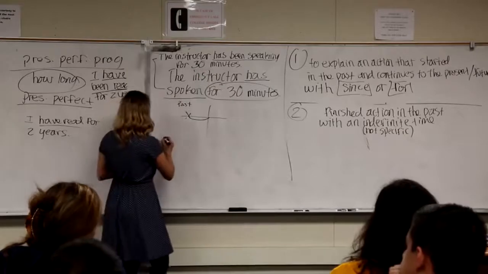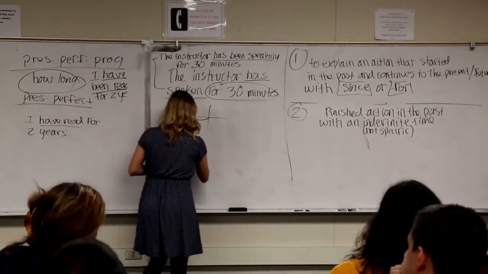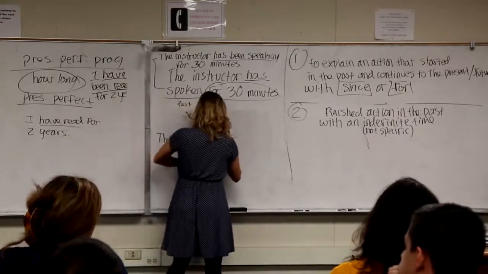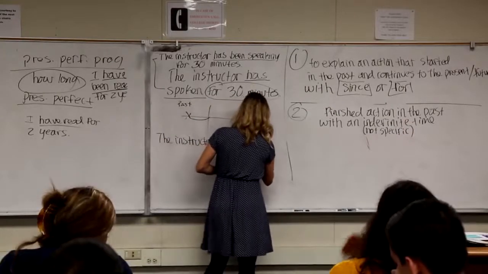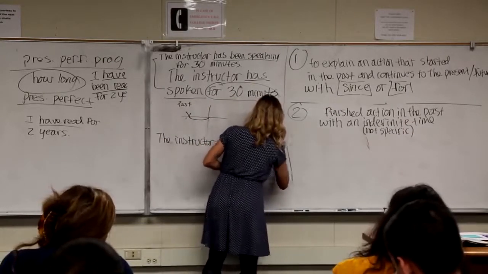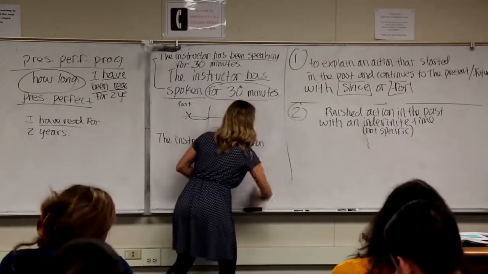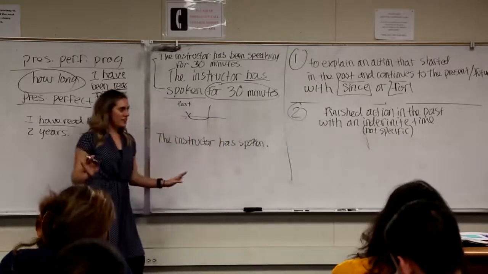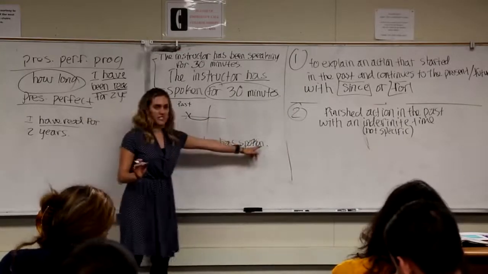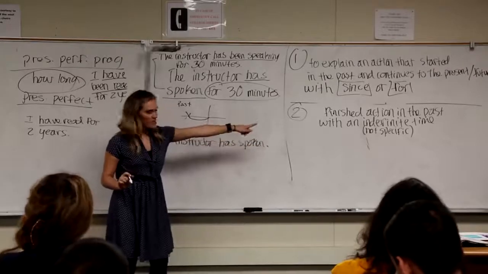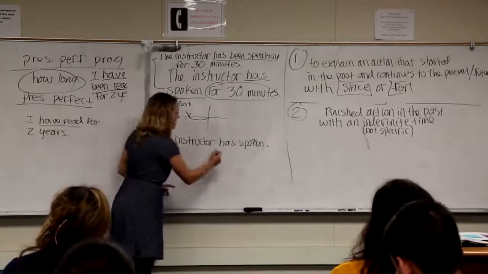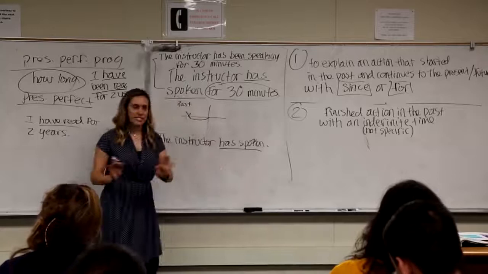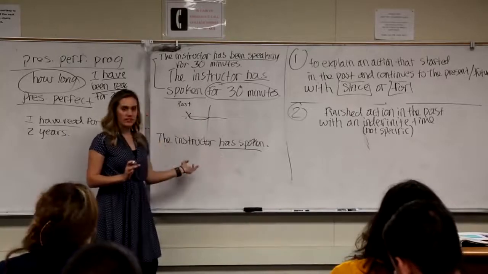But what if I say, if I don't put since or for, then it means in the past, finished. I use the present perfect but no since, no for. What does that mean?